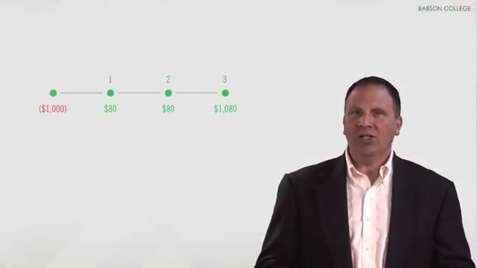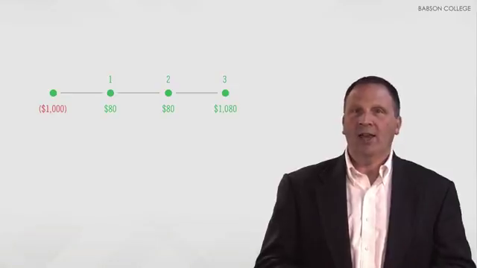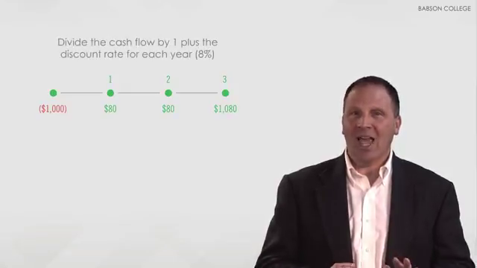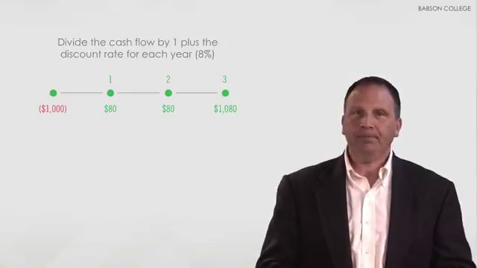So coming back to our bond, it's paying $80 each year for 3 years and also has a $1,000 payment in year 3. Since interest rates were at 8%, let's value the bond using that as the discount rate. To discount, you simply divide the cash flow by 1 plus the discount rate for each year you want to pull the cash flow back in time.